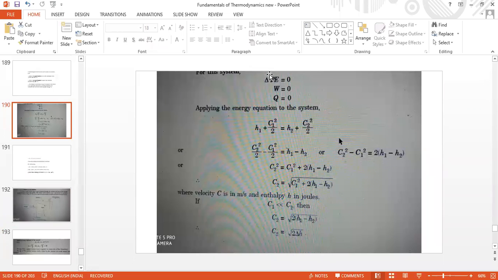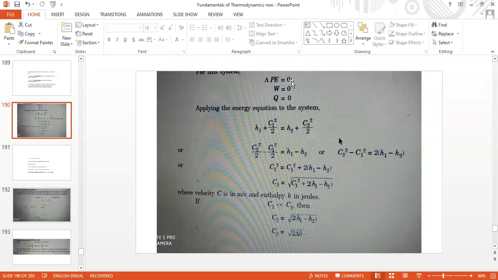Delta P is 0 because the nozzle is considered, compared to enthalpy terms, this potential energy term is zero, even though there is a little difference of datum at inlet and outlet. How it is zero, we will look in the problem. In the problem itself, we will realize.